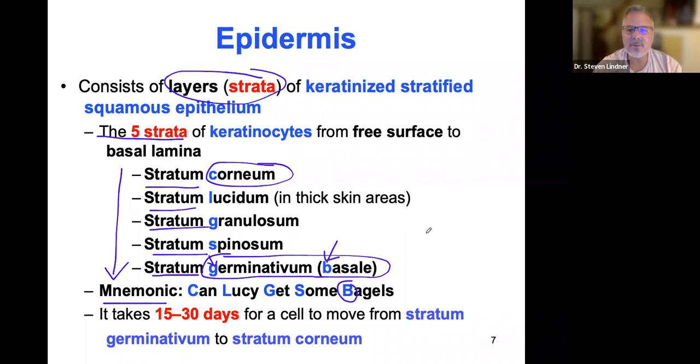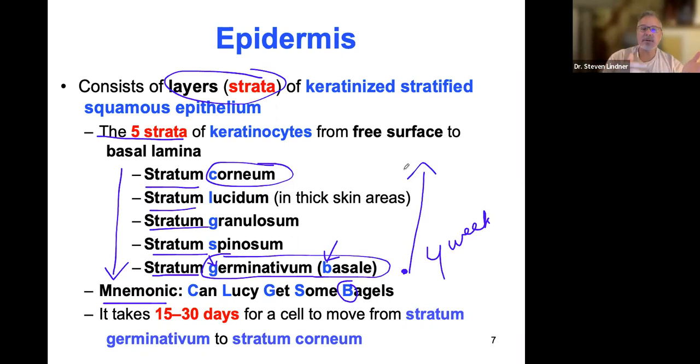And it takes about 4 weeks. It's about a 4-week journey for these stem cells that are down here to migrate and push upward to eventually become the corneum, which is dead cells that slough off. So it's about 4 weeks to go from the bottom layer to the top layer.